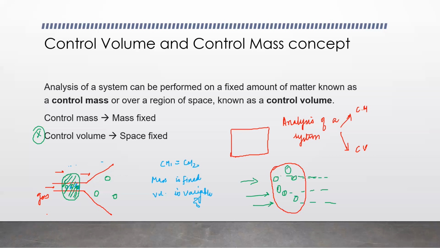The mass almost stays the same. I'll give you an example. Let's say we are taking density. We discussed in the first video that density is nothing but mass upon volume.